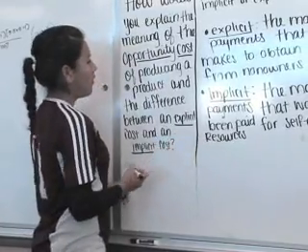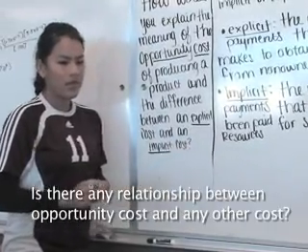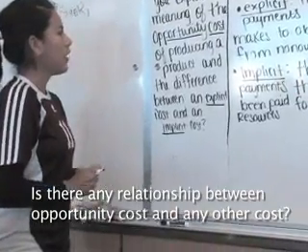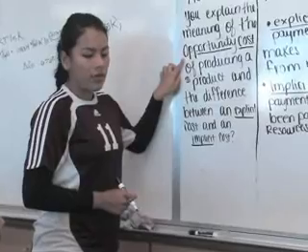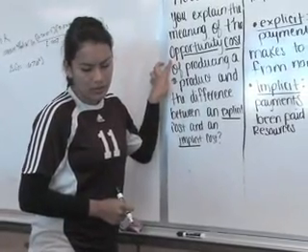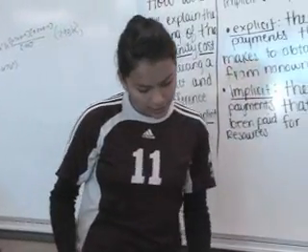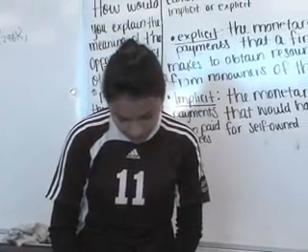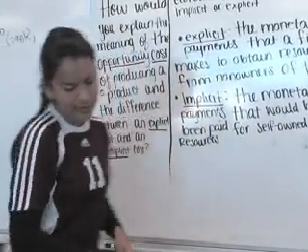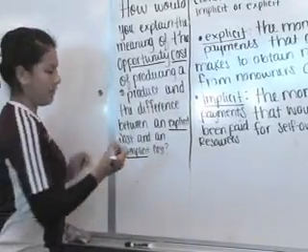So, is there any relationship between opportunity cost and any other costs or profit? Opportunity cost is the same thing as normal cost. Wait, let me look at my notes. Oh, opportunity cost is the same thing as economic cost.